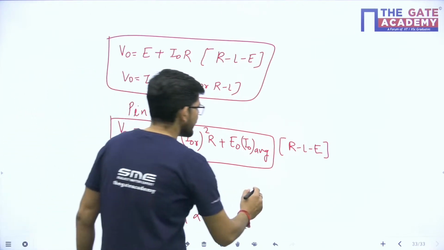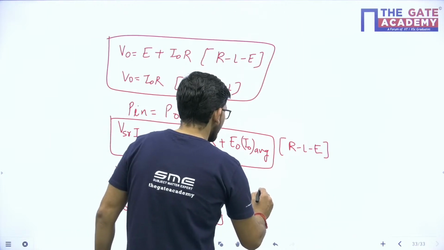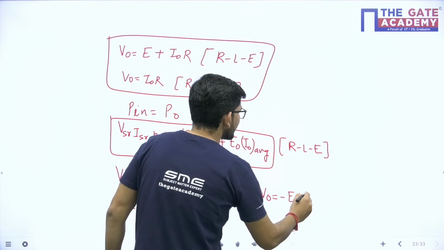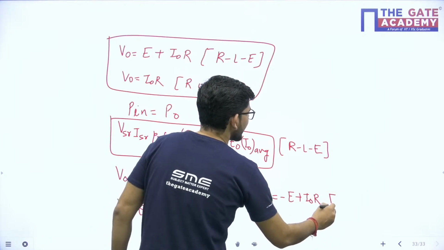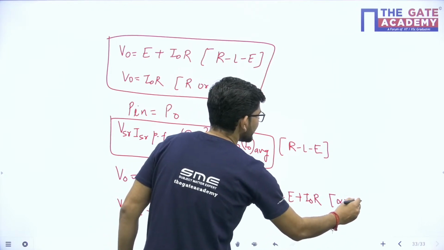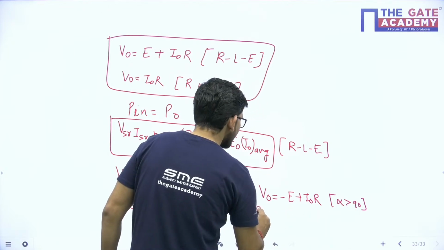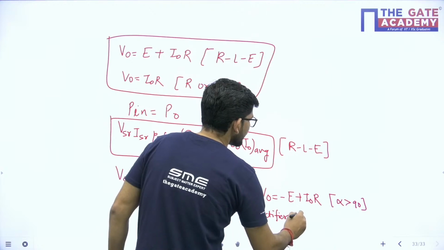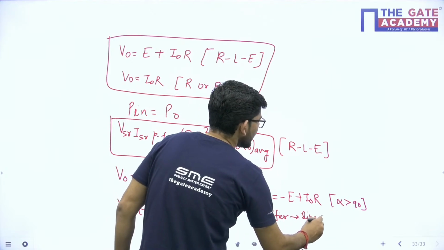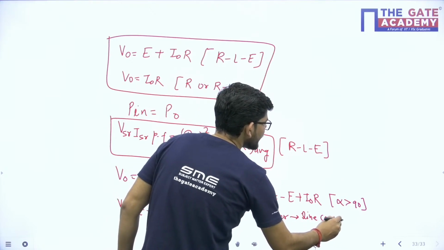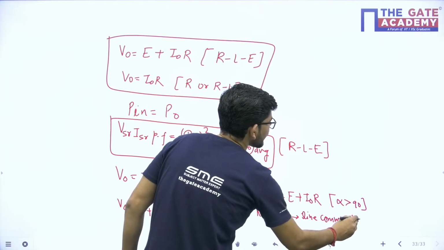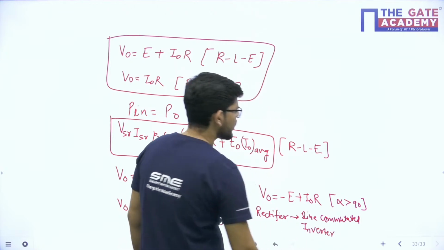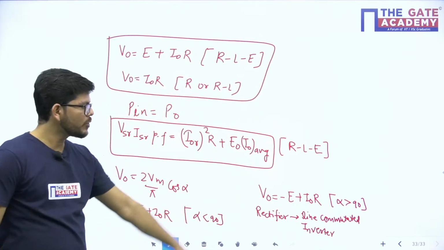But you will use V naught equals minus E plus I naught R when alpha becomes greater than 90, because the rectifier is now converted into a line commutated inverter. If alpha is greater than 90, you have to use this particular formula.